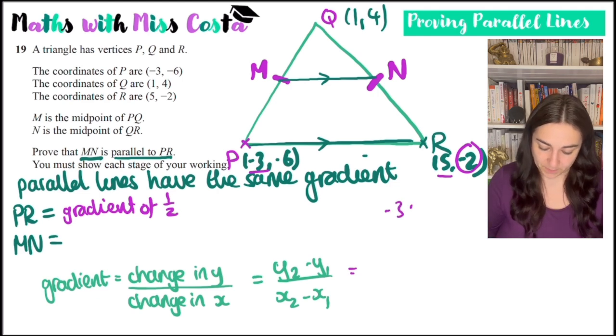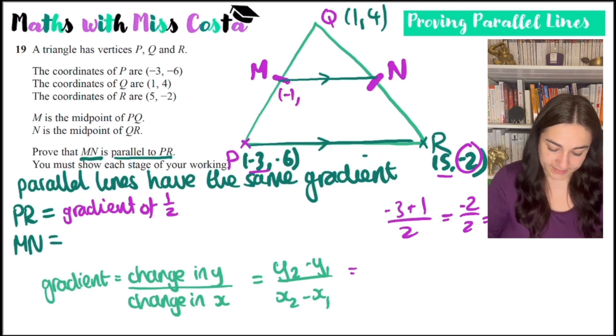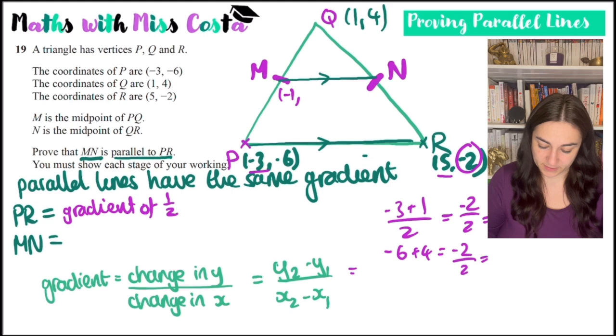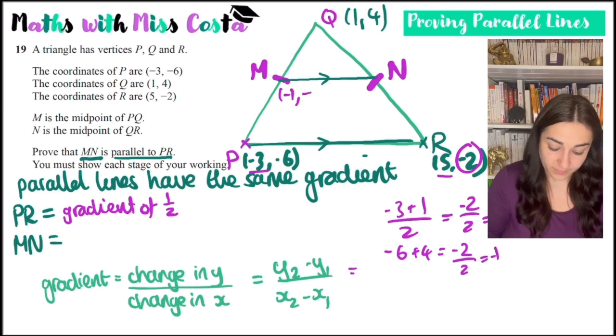So I could do -3 plus 1 divided by 2, which is -2 divided by 2, which is -1. So I know that the x coordinate would be -1. And if I did the same, -6 plus 4 is going to give me negative 2 divided by 2 is negative 1. So that coordinate is going to be -1, -1.